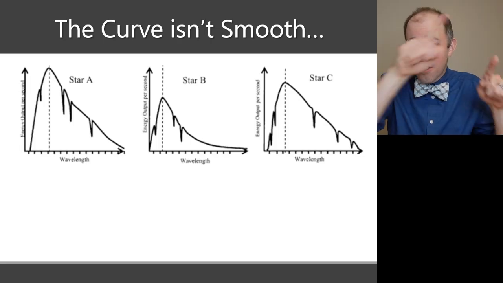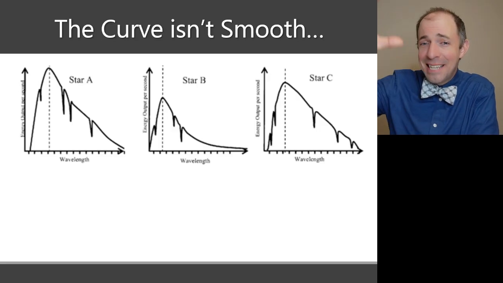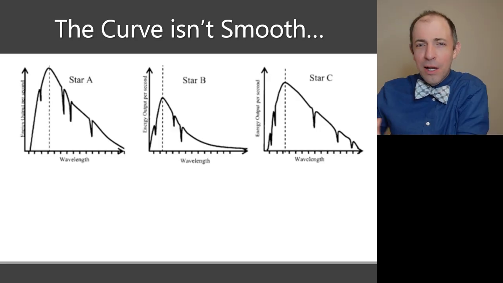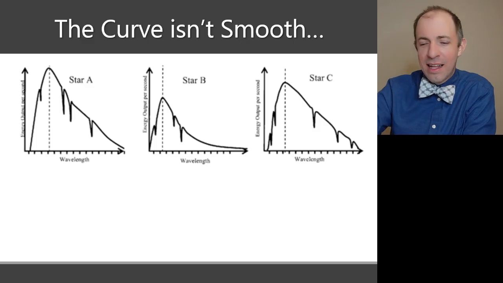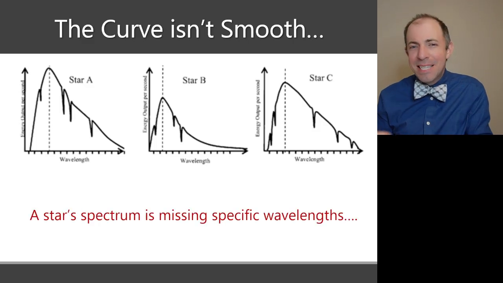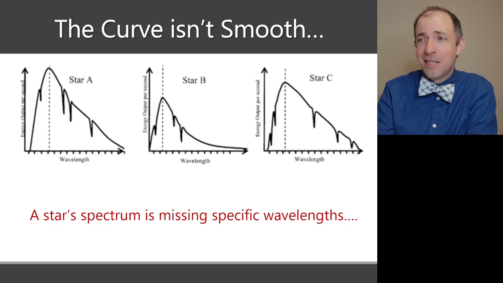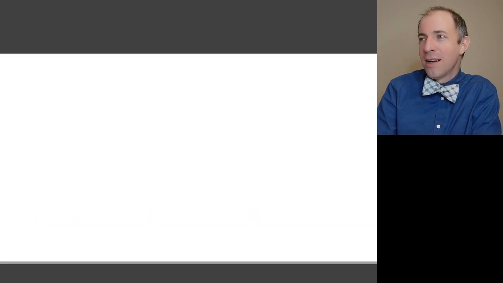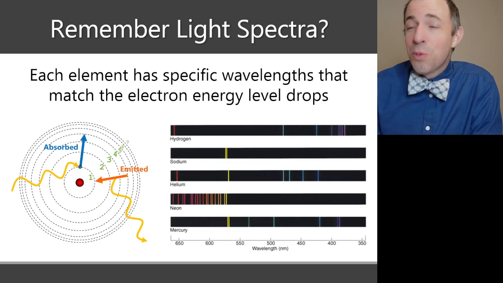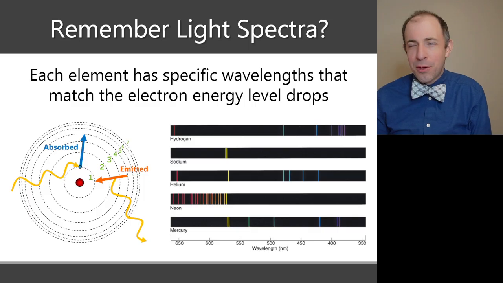So we saw those curves, and those curves represented the temperature, either a high intensity or a shifting wavelength. You'll notice in these pictures, though, these actual star data, that there are these weird missing specific wavelengths. So there's something else happening here in the star's light that's going to allow us to understand a little bit more about that star. And what's happening is related to what we talked about in the atomic physics unit with the light spectrum.